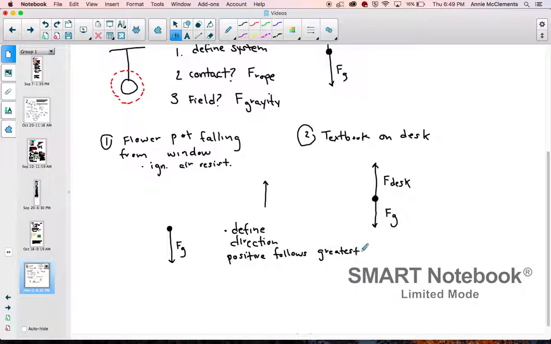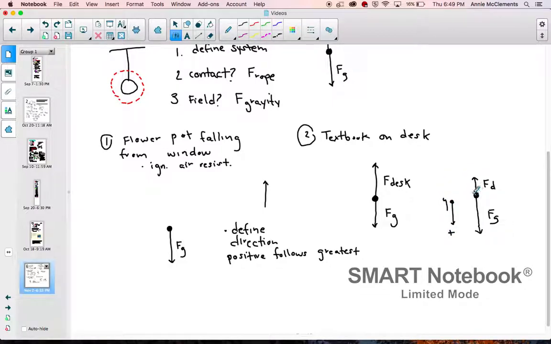So in this case, if for some reason the force of gravity were significantly larger than the force of the desk, my positive direction would actually be down.